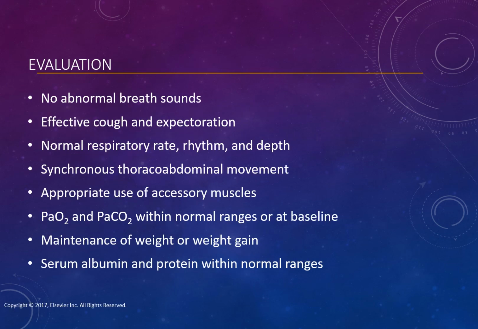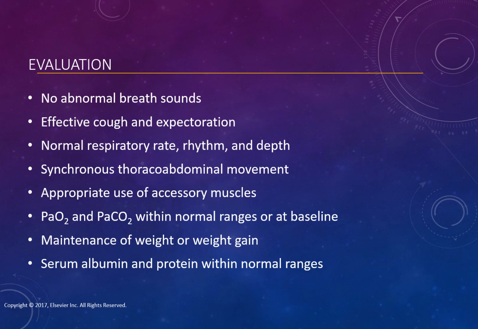Okay, so for our evaluation, we want to have no abnormal breath sounds, make sure the patient's able to effectively cough and remove secretions, normal respiratory rate, rhythm, depth, and effort, and synchronous thoracoabdominal movement. That's basically if they had that paradoxic chest movement, that's been resolved.